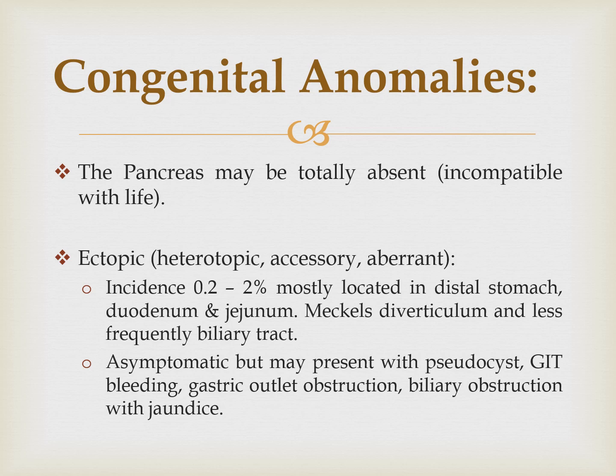Its incidence is about 0.2 to 2%, mostly located in the distal stomach, duodenum or jejunum, Meckel's diverticulum, and less frequently the biliary tract. It is mainly asymptomatic, but it may present with pseudocyst, GIT bleeding, gastric outlet obstruction, biliary obstruction, and jaundice.